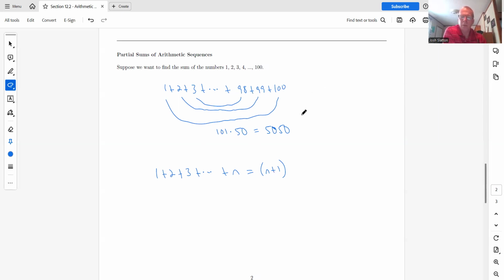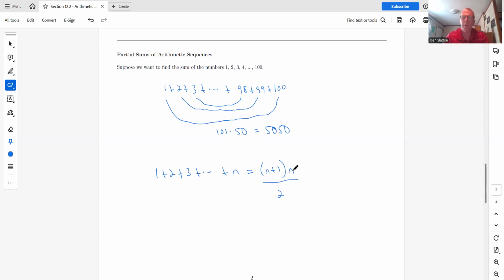Those pairs would each be 201, which is 1 more than n. So that's where the n plus 1 is. Now this is actually half of whatever the last number is. So we have n over 2. So this is actually the formula for the sum of the first n integers. Now you don't need to know that, but it could be useful at some point.